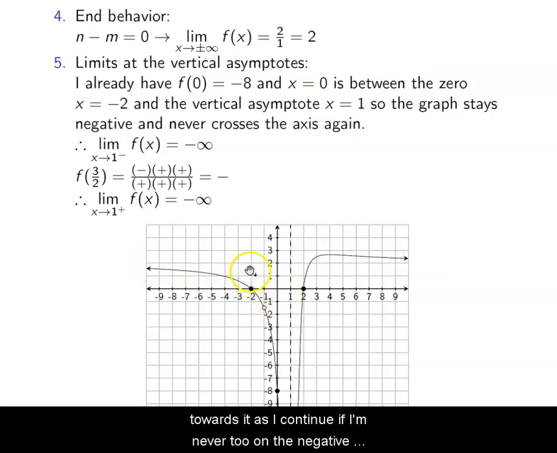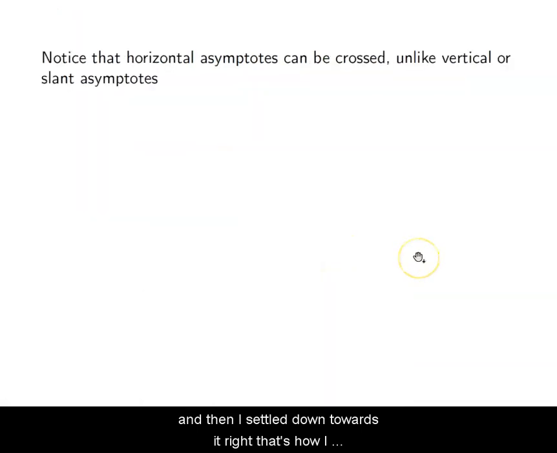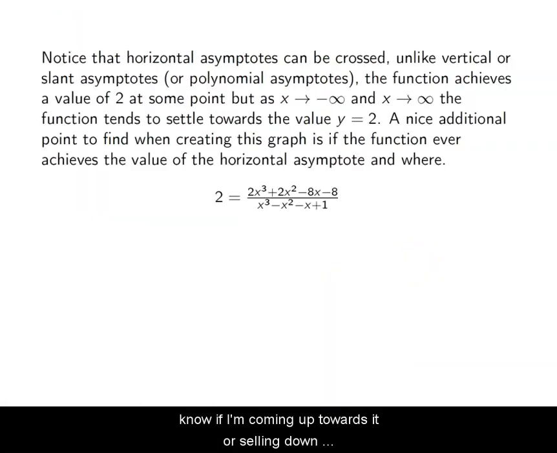If I'm never 2 on the negative side, then that means I'm coming up towards it, right? But if I have it equal to 2 on the left or on the right side, that means I hit that value, I go above it at some point, and then I settle down towards it, right? So that's how I know if I'm coming up towards it or settling down towards it.